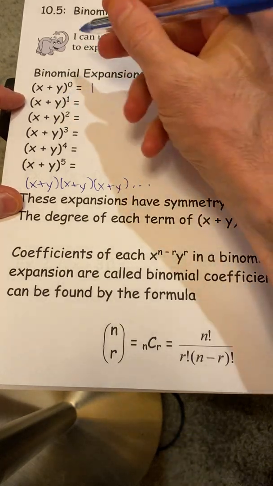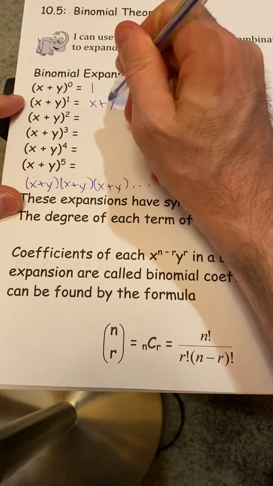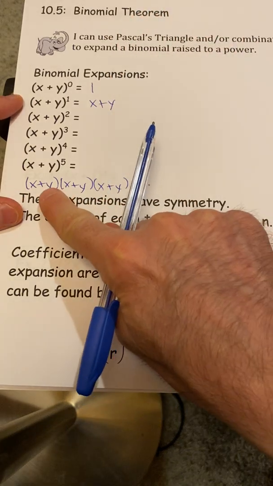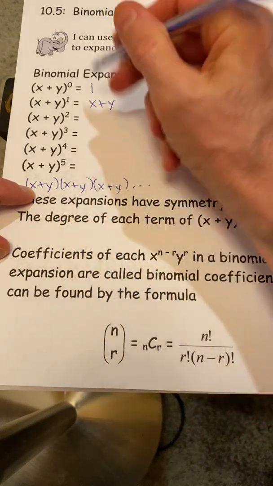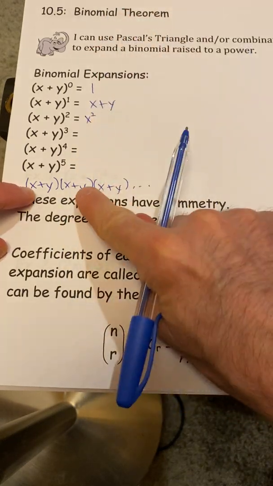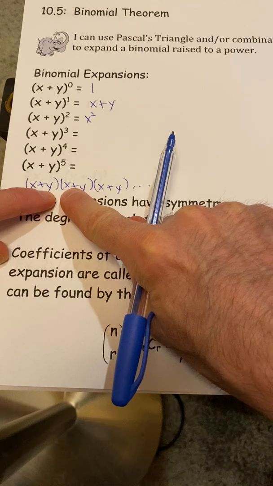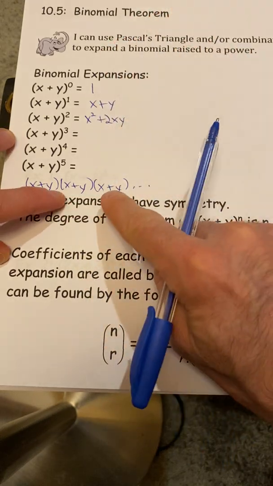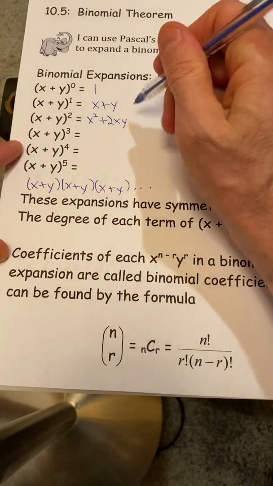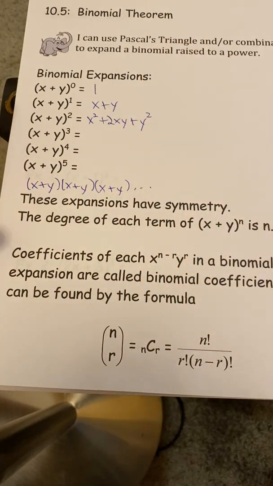X plus y to the first is x plus y. X plus y to the second has an x squared, an xy plus another xy, so 2xy, and at the end a y squared.